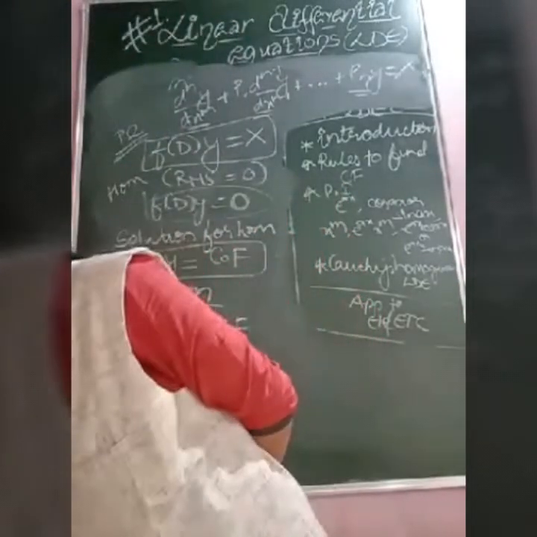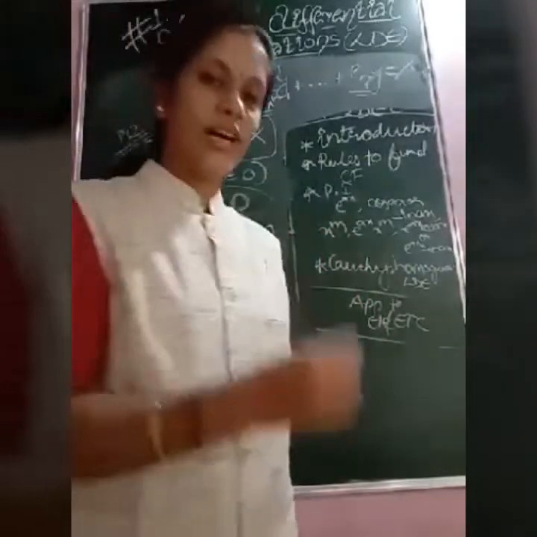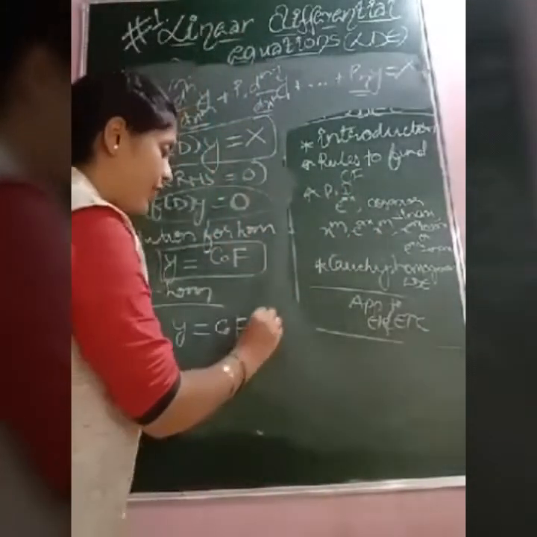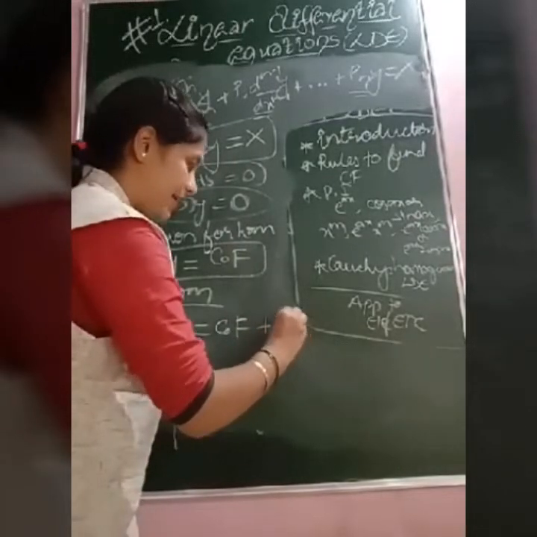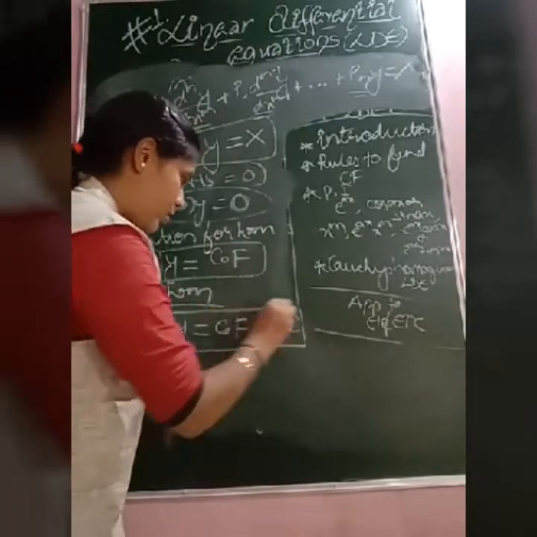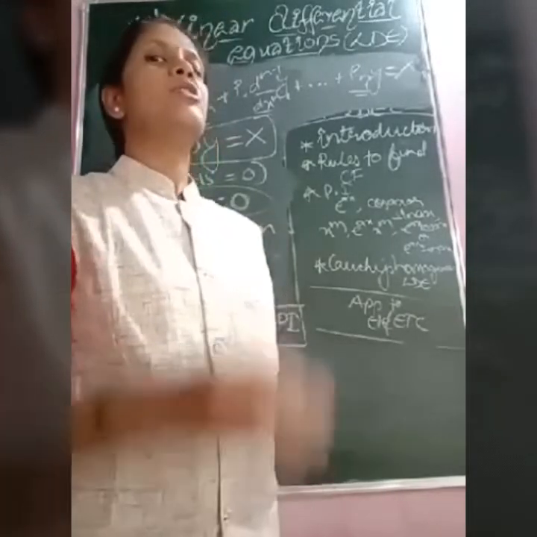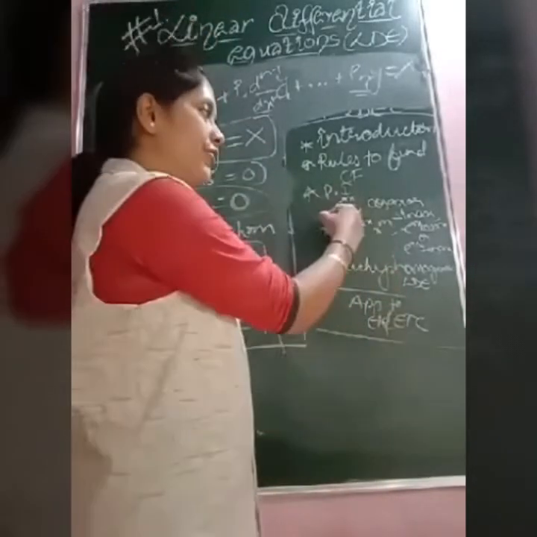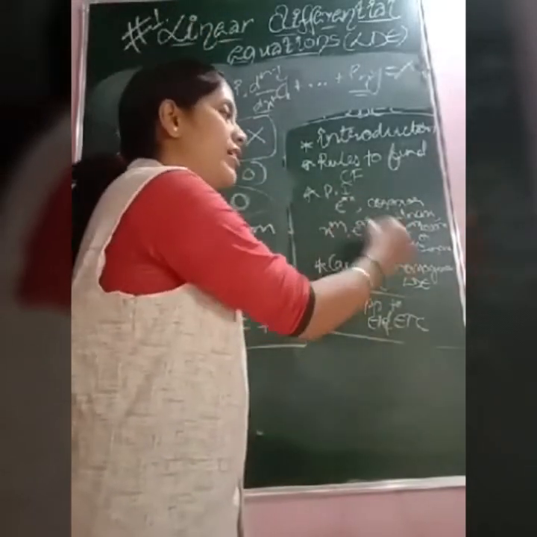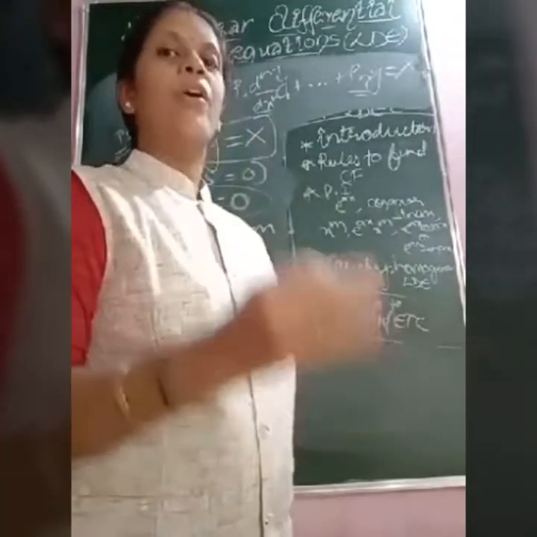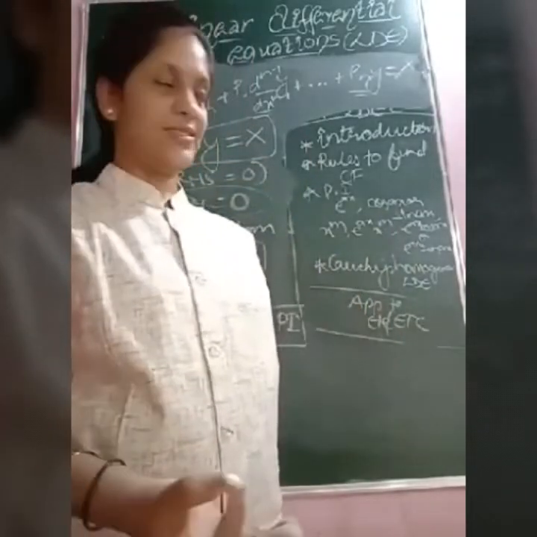Then I have to find the particular integral. So this is the solution for non-homogeneous equations. For the particular integral, for different cases you have different methods to follow. All that we will see in our next sessions.